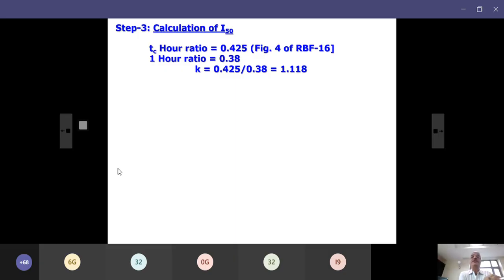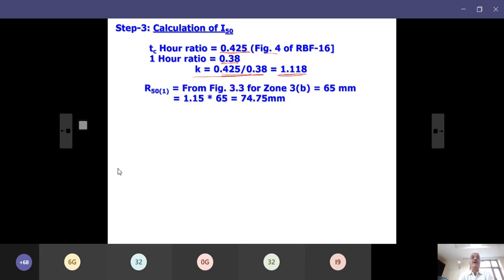Calculation of I50 from figure 4 for zone 3: TC hour ratio 0.425, 1 hour ratio 0.38. K will be the TC hour ratio divided by the 1 hour ratio, so 1.118. And R51 will be 1.15 into 65, so 74.75.